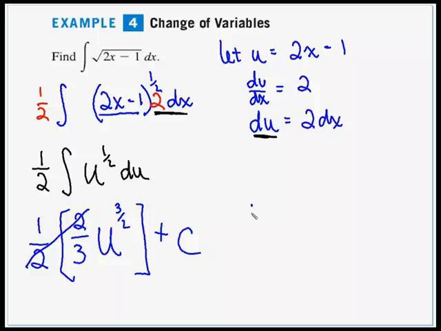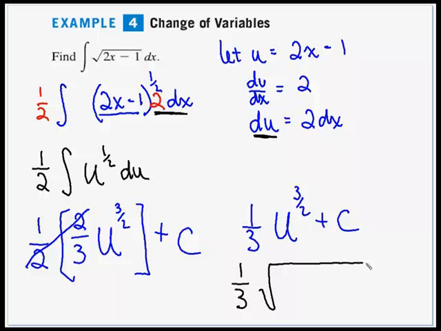We're left with 1/3 u to the 3/2 plus c. And now that we're done with taking the antiderivative, we can substitute our u back in. 1/3, and I'll put it back into radical notation. Our u was 2x minus 1. And that would be the square root of 2x minus 1 to the 3rd power plus c.